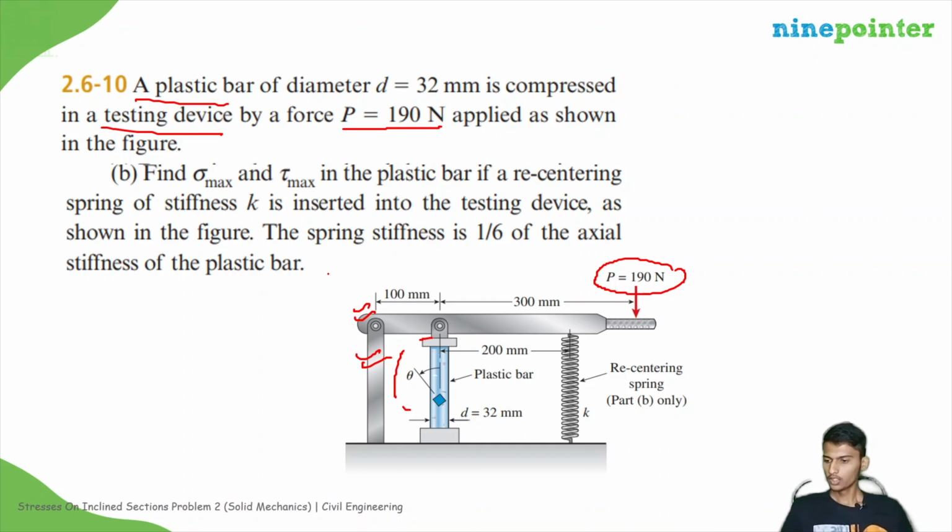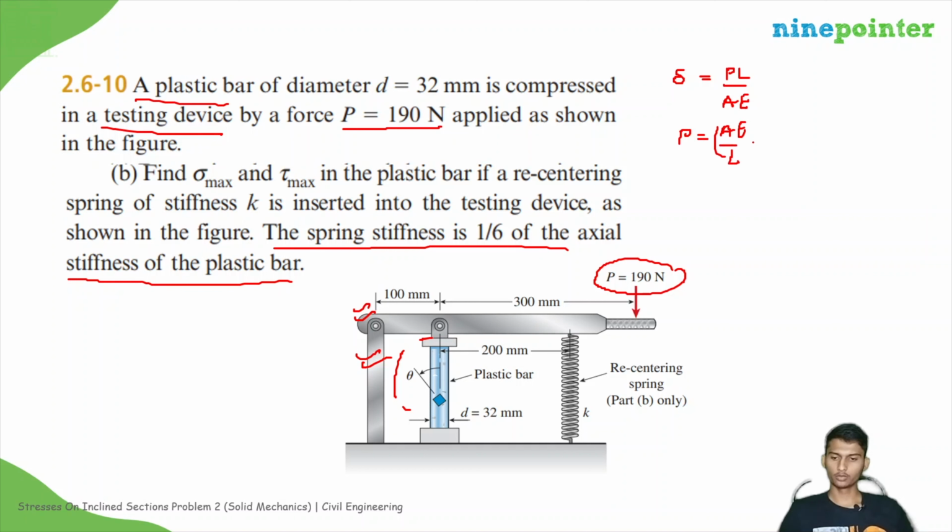It is also given that the spring stiffness is 1 by 6 of the axial stiffness of the plastic bar. So what is the axial stiffness of the plastic bar? We already know that del is equals to P into L divided by AE, so P is equals to AE divided by L into del.